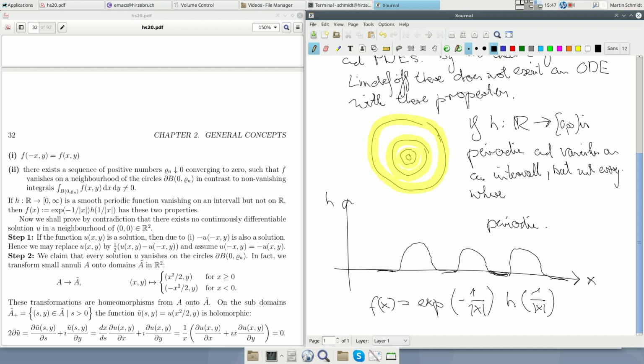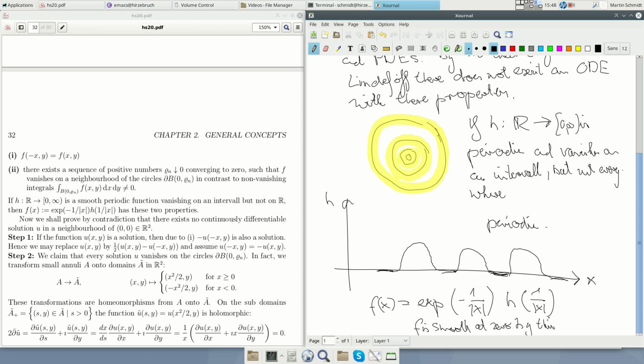And this factor, hopefully you know this from analysis 1: since the exponential decay is much faster than the power decay, this factor ensures that f is really smooth at 0.